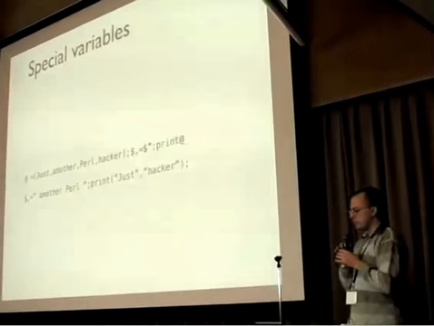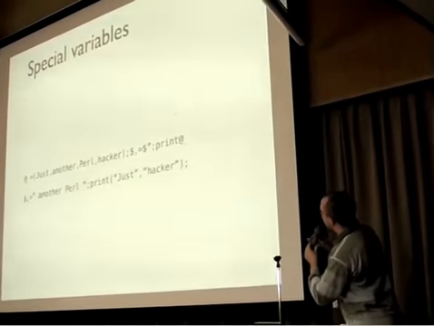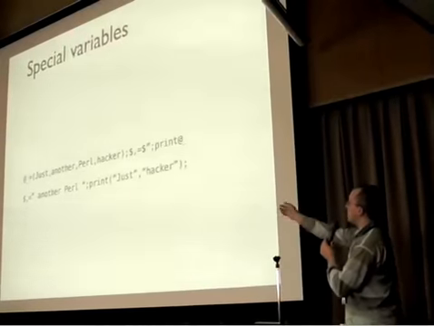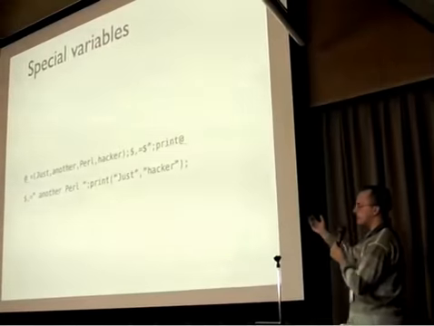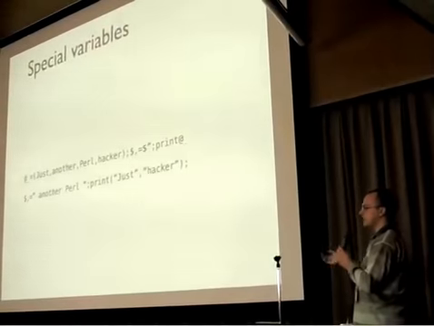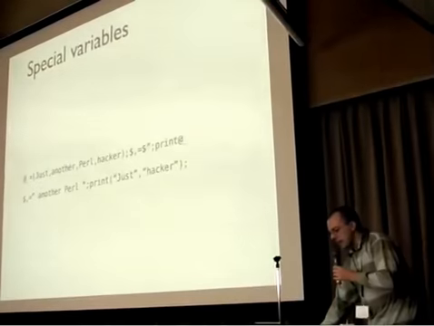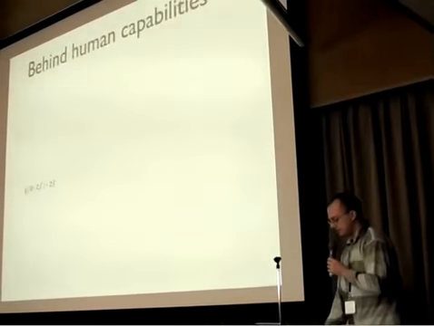And you can try to use some special variables. For instance, if you store another Perl inside the record separator, not the record separator, $comma. And you can also go beyond human capabilities.